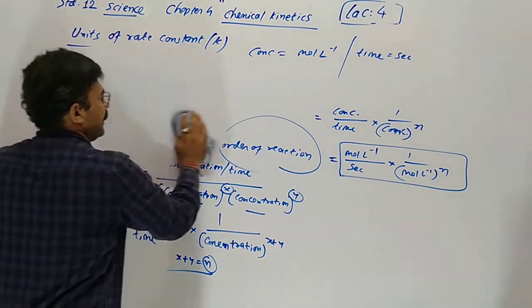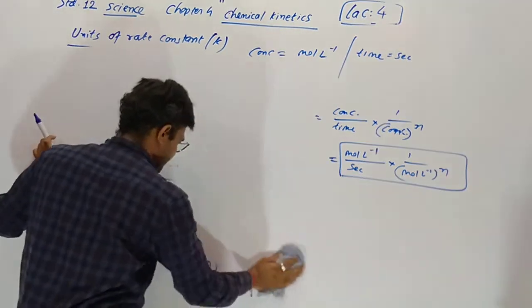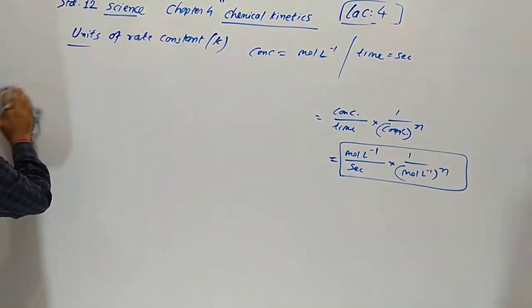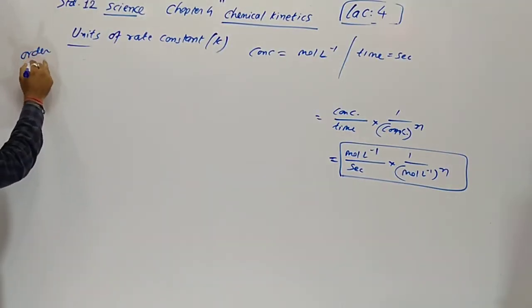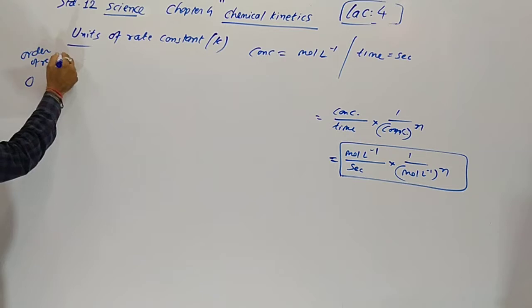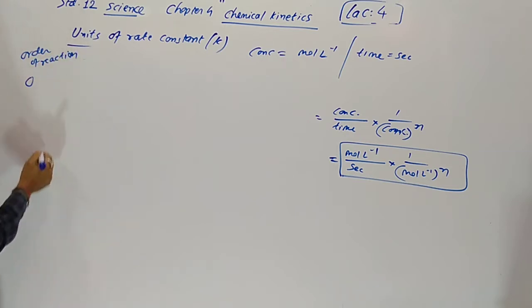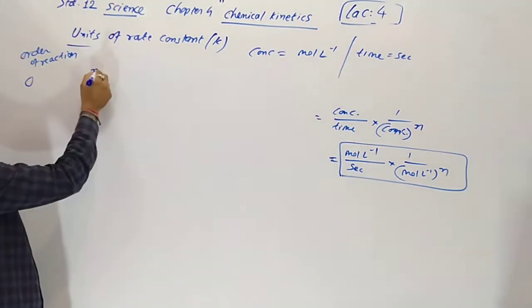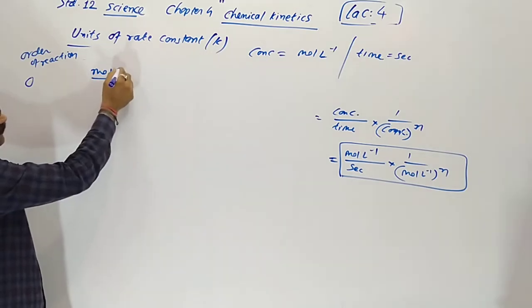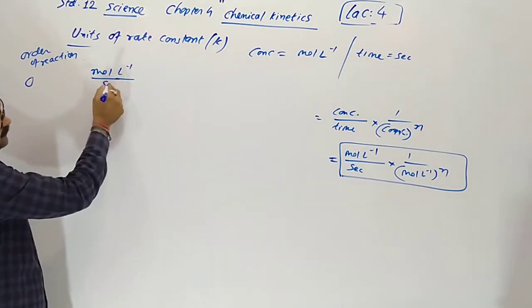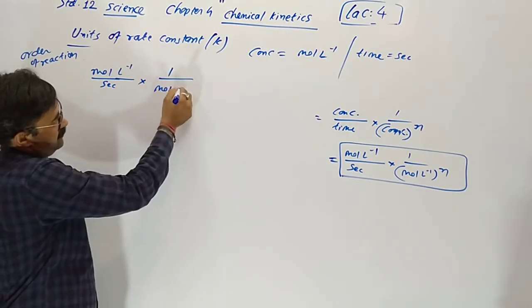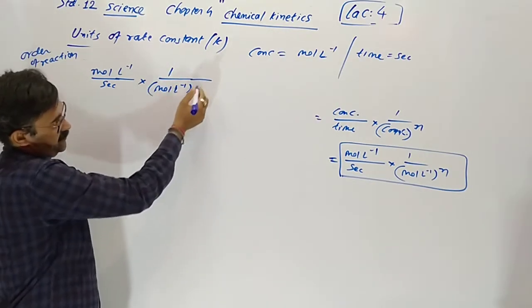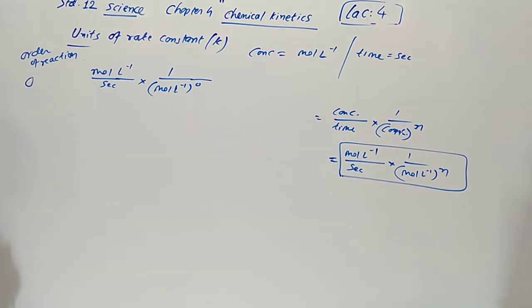If the order of the reaction is zero, then mole per liter upon second, 1 upon mole per liter raised to 0.